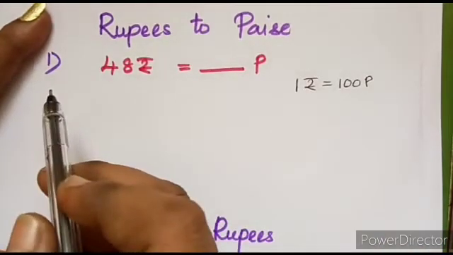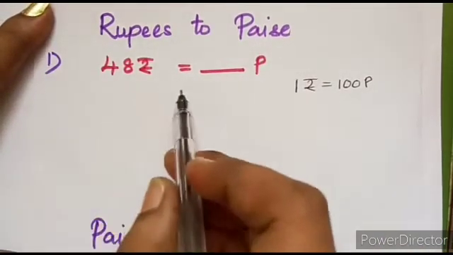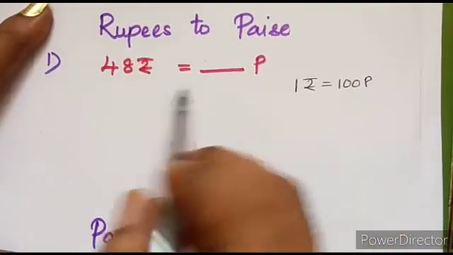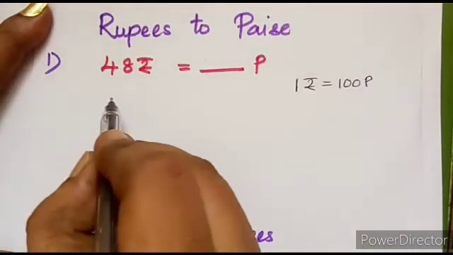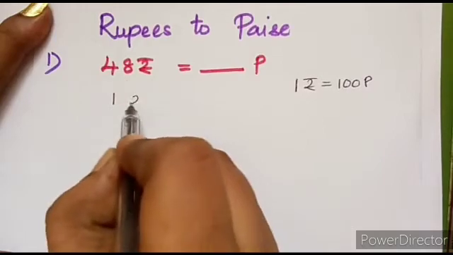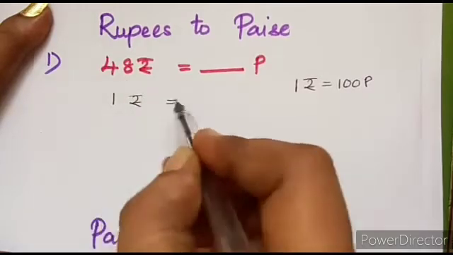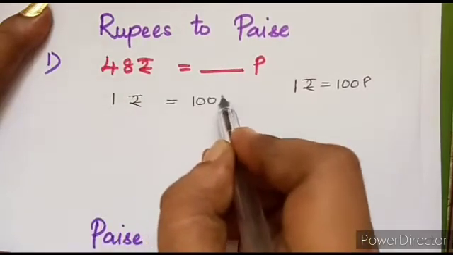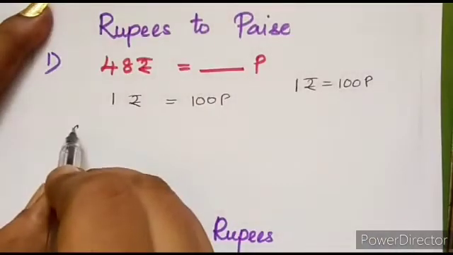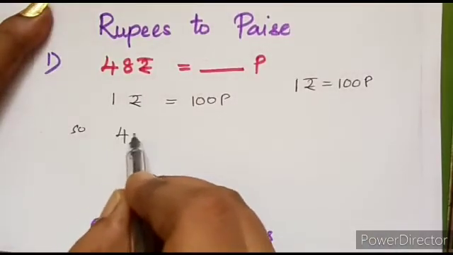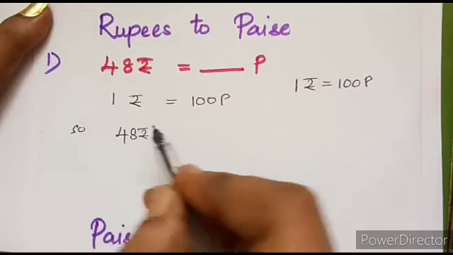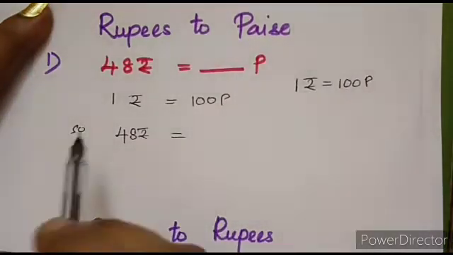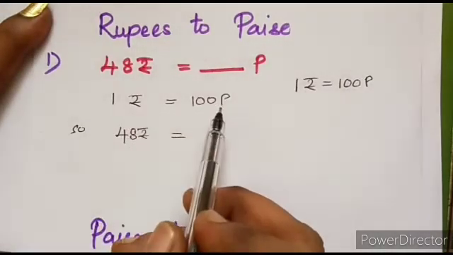So the first question is 48 rupees is equal to dash paise. We know that 1 rupee is equal to 100 paise.